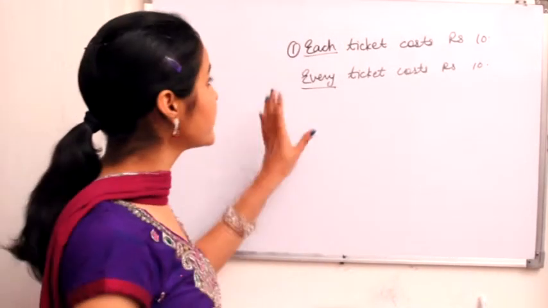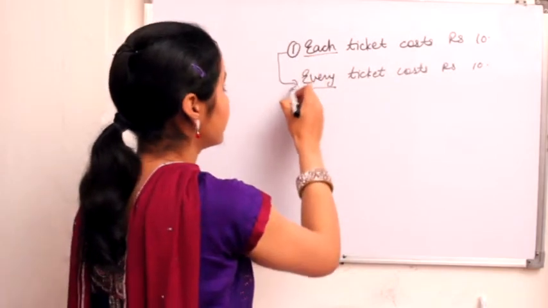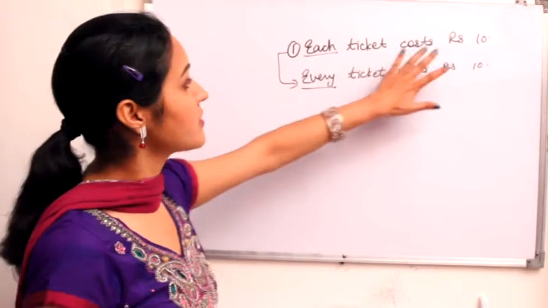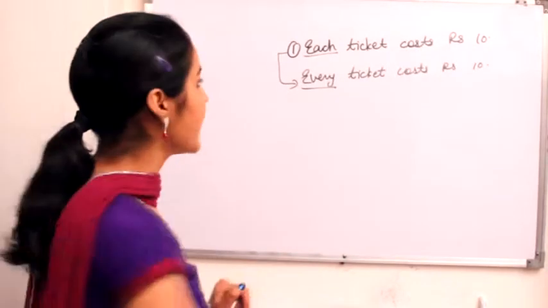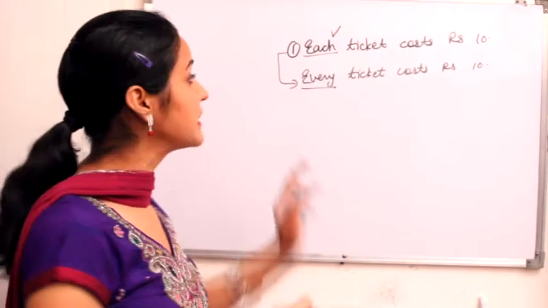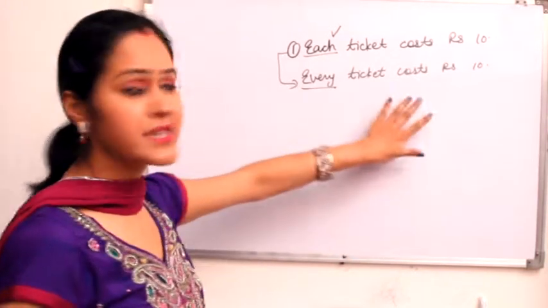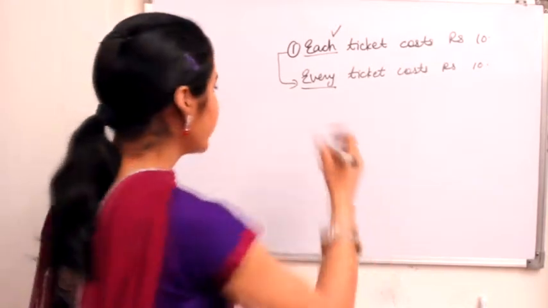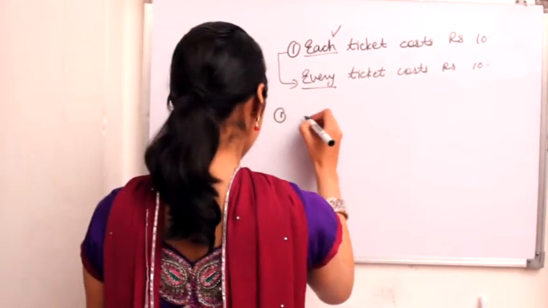What is the difference between both these sentences? They are similar but different. Each ticket costs rupees 10. It means that we are talking about each ticket. Every ticket costs rupees 10.